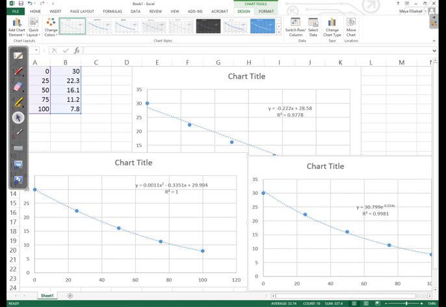Looking at all three of them, this one is my perfect match, R squared equals 1. This is how and why I'm deciding that it is a quadratic fit and not either of the other two, because my R squared value is higher for the quadratic.